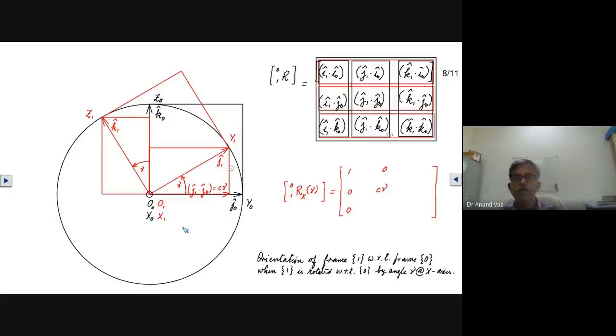This is J1 dot K naught. J1 is here and K naught is here. Projection of this over here is this one. This is J1 dot K naught, and this corresponds to the opposite side of gamma. So this is sine of gamma. So here we will have the sine of gamma.